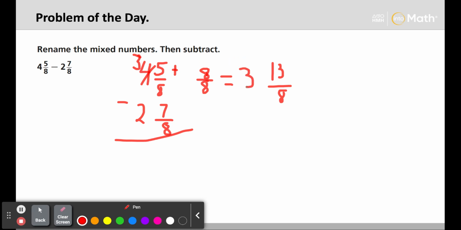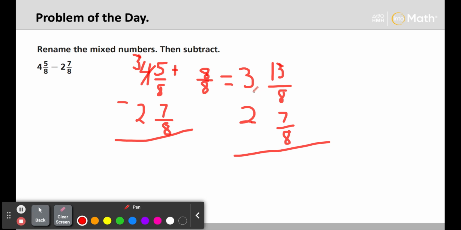It's a 3, because I borrowed one of the whole groups of the whole number. Then this stays the same. So I move this over and I regrouped.